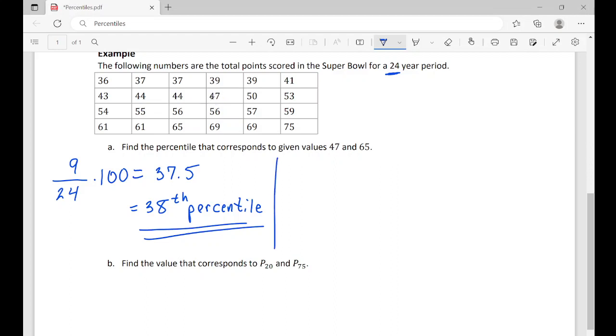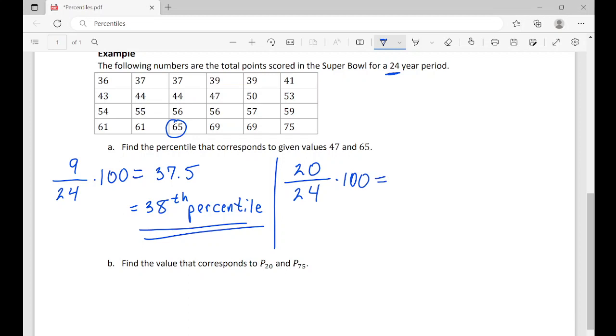Next, we're going to do 65. So 65 is here, and again we need to find all the values less than 65. So we have 6, 12, 18, 19, 20. There are 20 values less than 65. So 20 over 24, the total number, multiplied by 100.